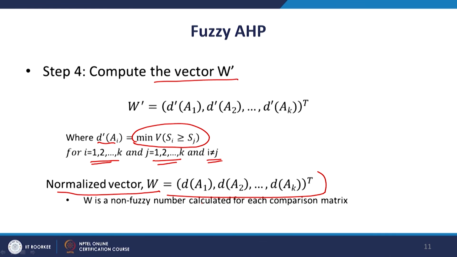Then we talked about the weights, which come directly from that degree of possibility. Once we have these weights, we can go ahead with our further computations. All this we will understand more clearly through an exercise in the R environment, which we will do in the coming lecture. So, we conclude here. Thank you.